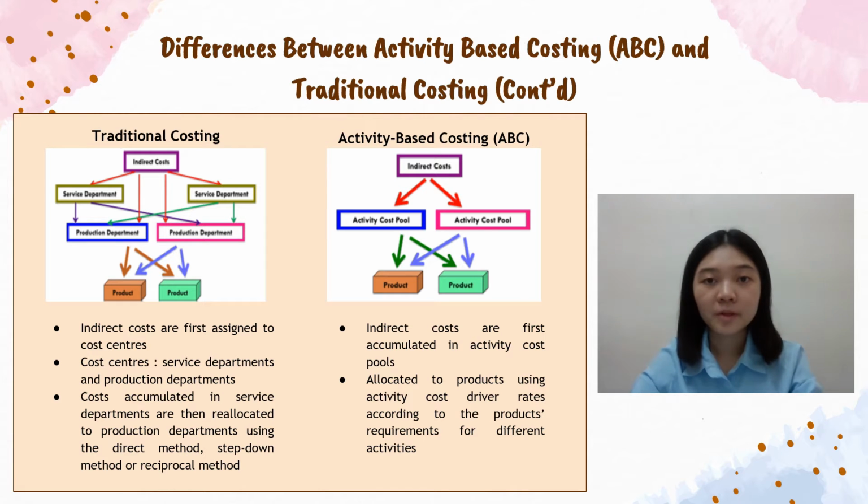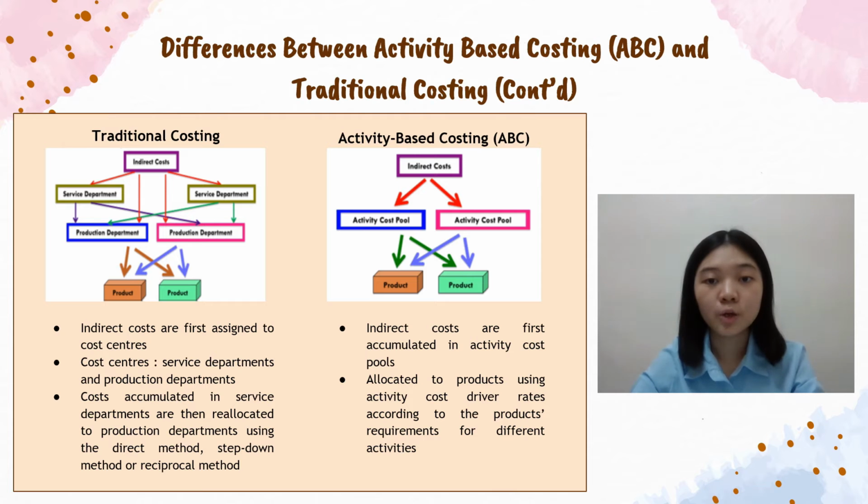From the figure under traditional costing, indirect costs are first assigned to cost centers. It can depend on whether a specific indirect cost item can be directly traced to the cost object or not. Here, the cost centers include service departments, which provide internal services to other departments, and production departments, which directly participate in the production process.